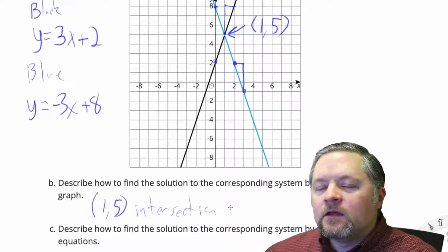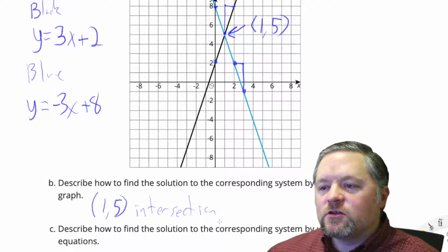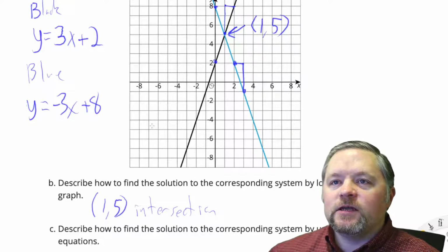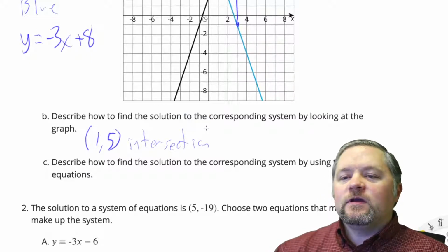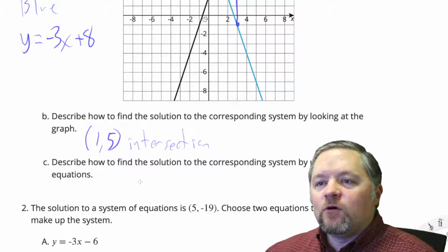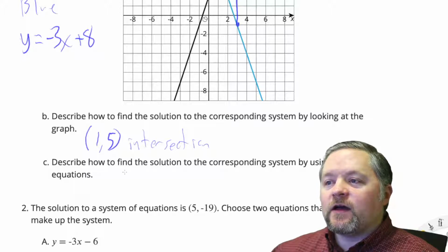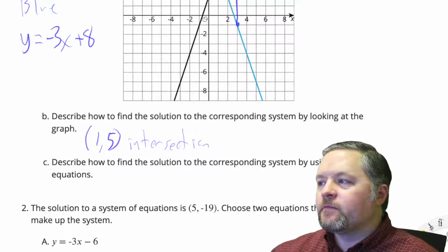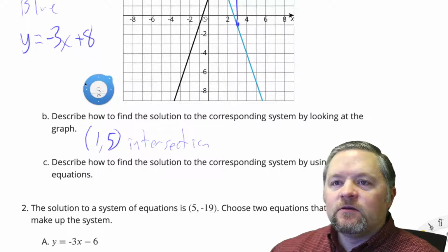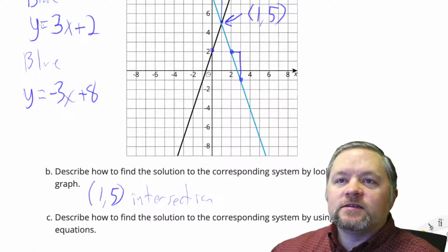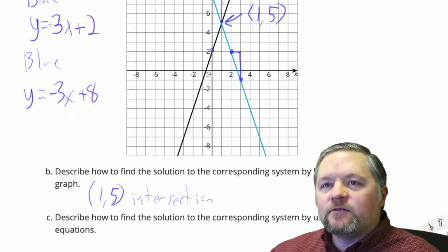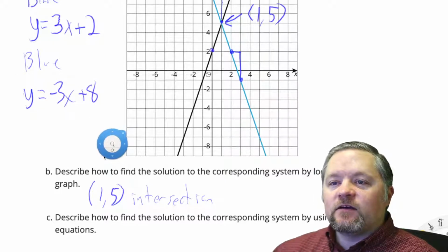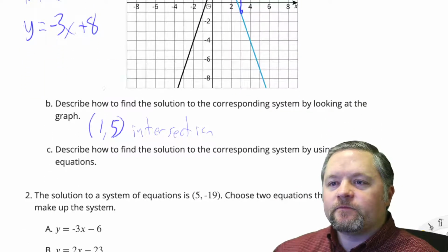Describe how to find the solution to the corresponding system using the equations. So we have 3x plus 2 and negative 3x plus 8. How do we find the solution? Well, we want to know where their x and y values are both the same, which means we can set the two equations equal to each other, so their y values will be the same, and find the x value where that's true for both of them.